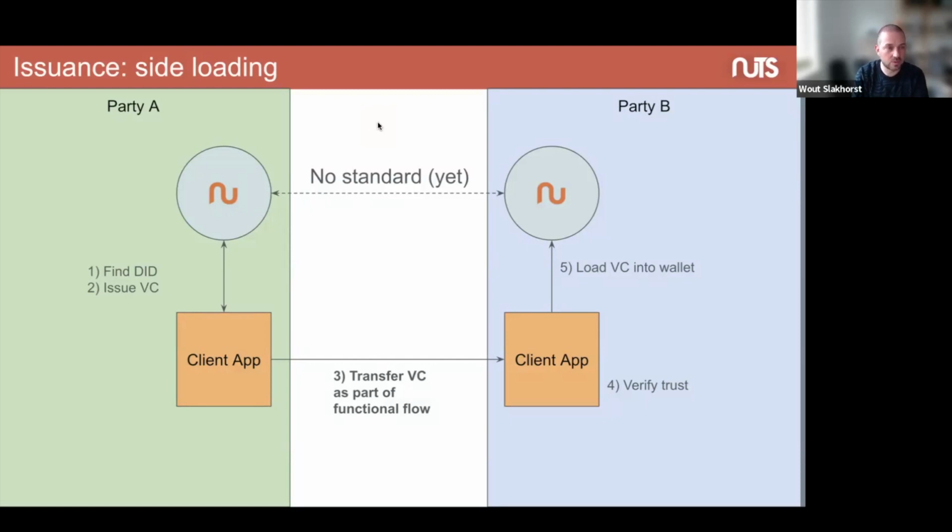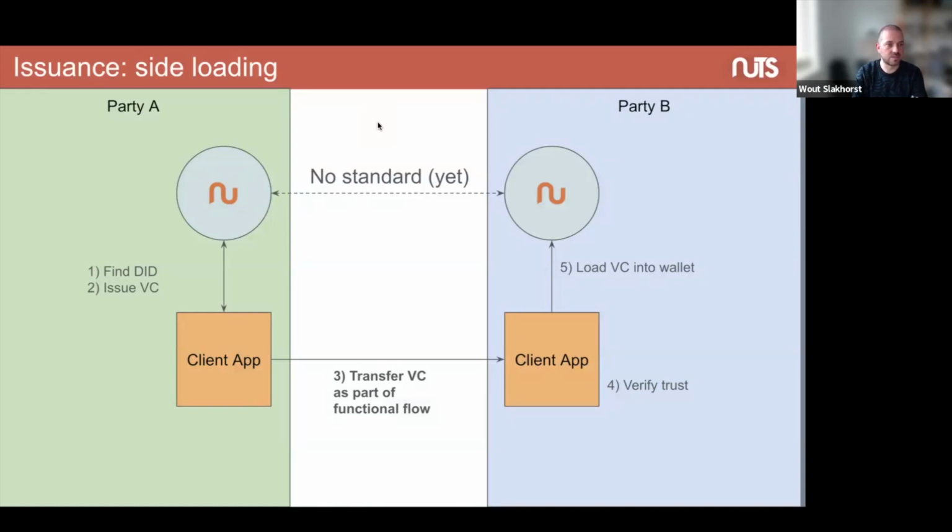So what you have to do to get a credential from one node to the other is, well, first you have to find the DID you want to issue to. Then you can just use the issue VC API, which is almost the same as the previous version of that API.